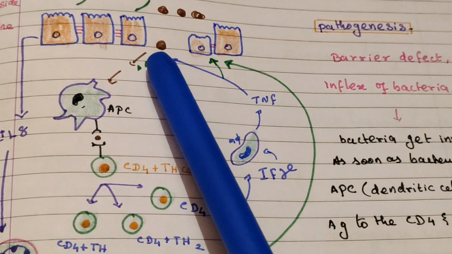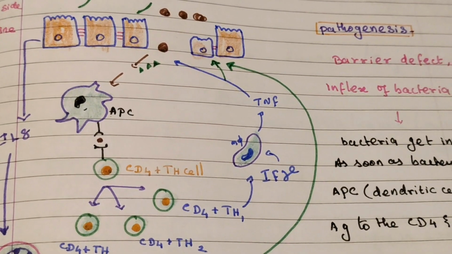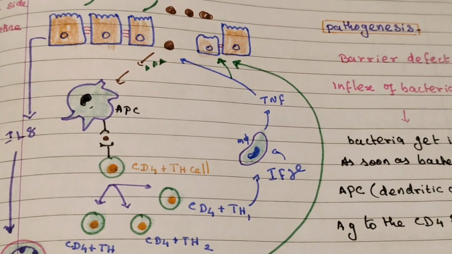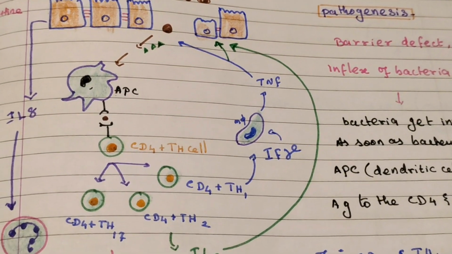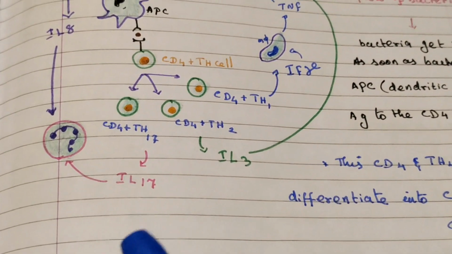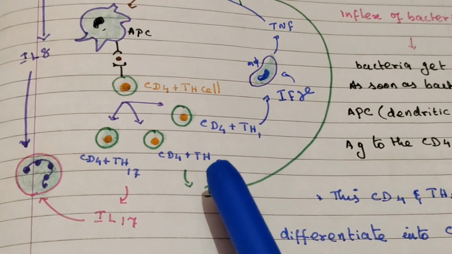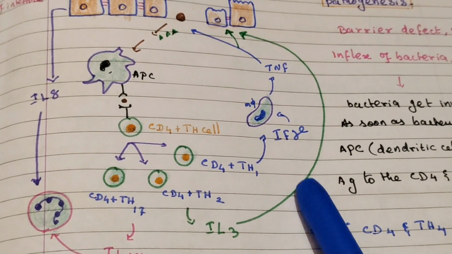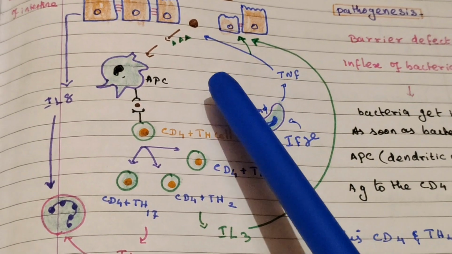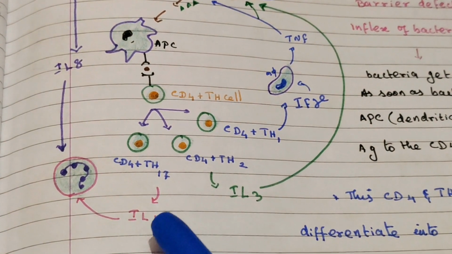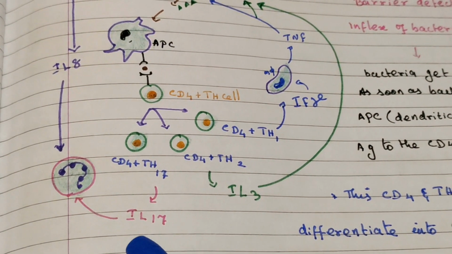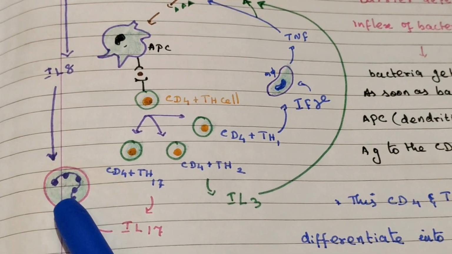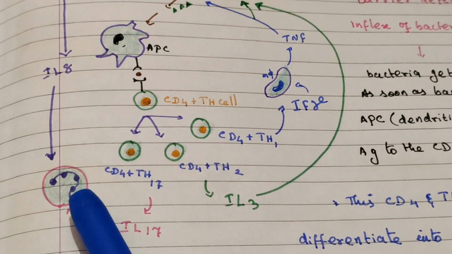This factor results in inflammatory changes and acts on the bacterial component of our own epithelium. The T helper 2 cells produce interleukin 4, which does the same function. Then T helper 17 cells produce interleukin 17, which calls the neutrophils to the site of inflammation.